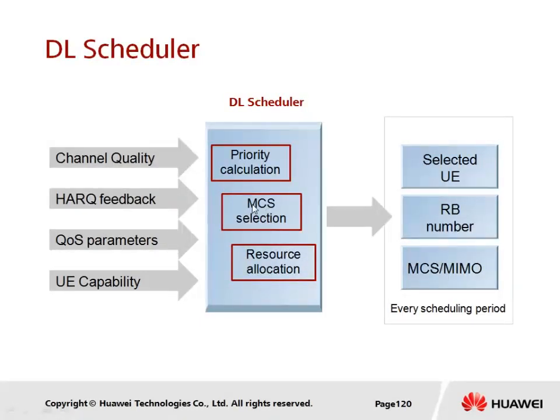This is very much dependent on the CQI as well, and also the transport block size, which is related to the GBR and AMBR, and eventually to map to how many resource blocks. So the user will be selected, the number of resource blocks will be determined, and with the modulation and coding scheme or MIMO scheme.